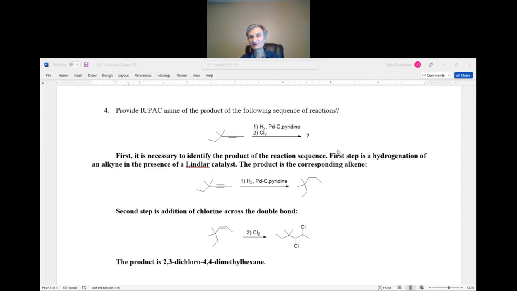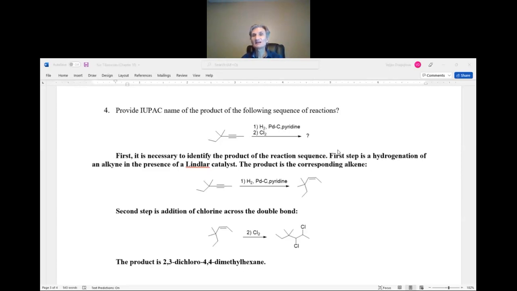So for something very expensive, we want to have that catalyst in a thin layer on some inert support, something that does not participate in the reaction, so that we need to use very little of this expensive metal. And such an inert support is carbon. So we simply spread palladium in a very thin layer on carbon.